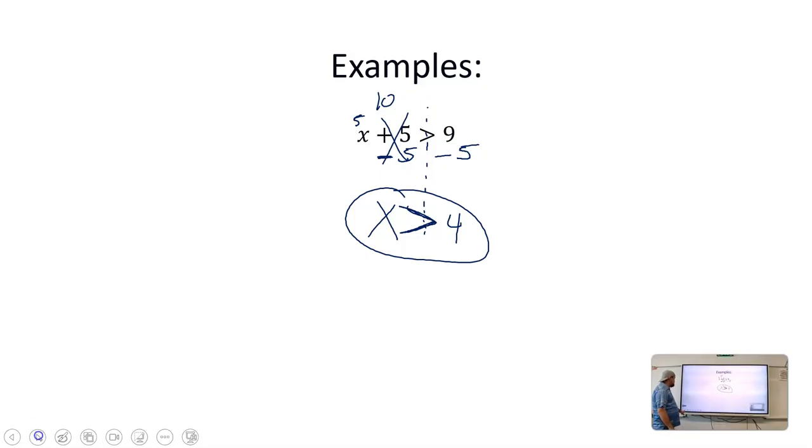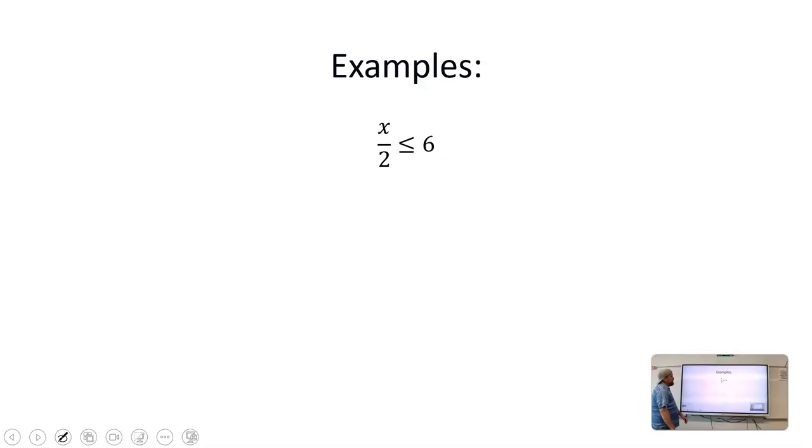Easy peasy. Okay, x divided by 2 is less than or equal to 6. The opposite of divide is multiply. We're going to multiply both sides by 2. Those 2s cancel out because 2 divided by 2 is 1. So I get x is less than or equal to, we just bring that same sign down, 6 times 2 is 12.